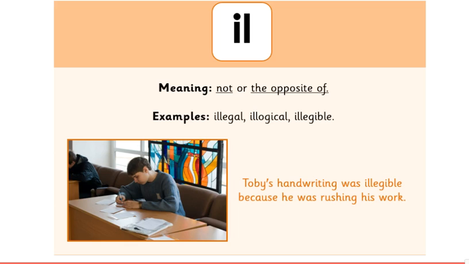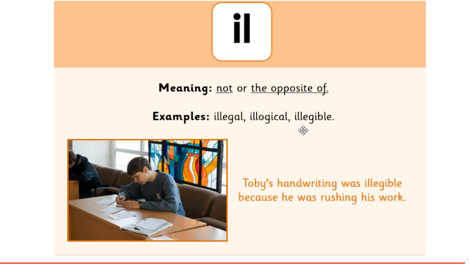Similarly with il, again, we add this to a root word to show that something is the opposite of something. Here we've already talked a little bit about legal and illegal. Here is another word, we've got legible. It starts with the L here, legible. If your handwriting is legible, that means that we can read it.